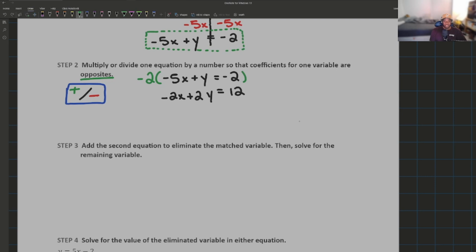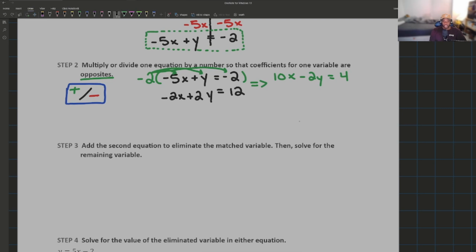All right? And so I'm going to write over here what the results of that are going to be. Negative 2 times negative 5x is positive 10x. Negative 2 times y gets us our negative 2y we're looking for. And negative 2 times negative 2 gets us positive 4.